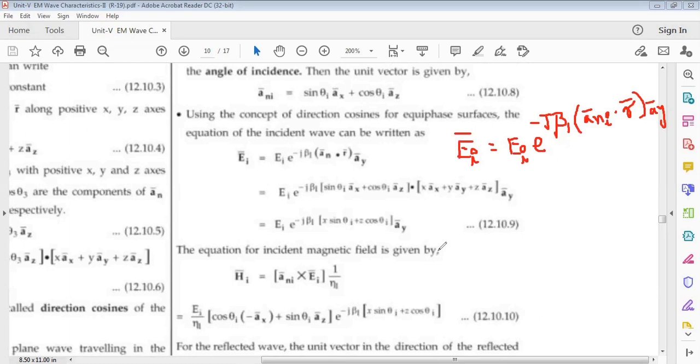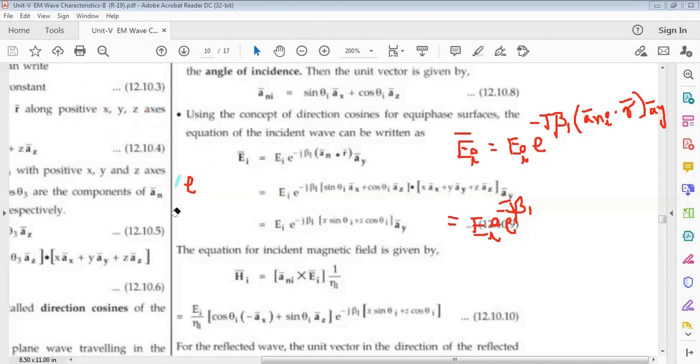So EI bar is equal to, the x direction and the z direction, the remaining what we have here is in the y direction, the E. That is equal to EI into e power minus j beta 1, because gamma is equal to alpha plus j beta, e power minus gamma into z direction actually. That is a z, we have ANI dot R bar into AY bar. Gamma with alpha equal to 0 means it becomes j beta 1.